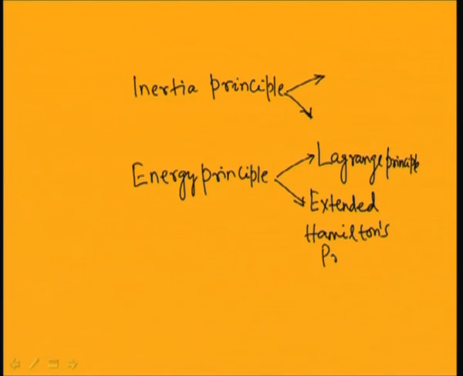So, in both cases, in case of Lagrange principle or extended Hamilton principle, you are required to find the energy of the system and the work done by the forces of the system. So, the energy of the system includes the potential energy and kinetic energy, and the work done by the non-conservative force also you have to find.